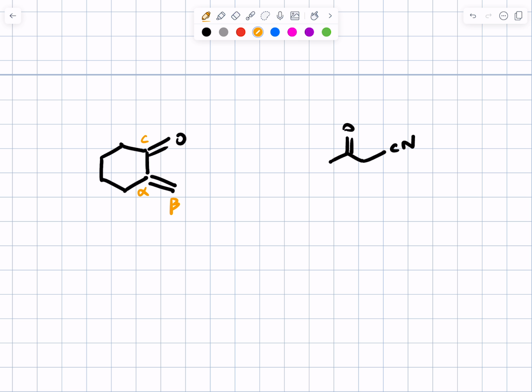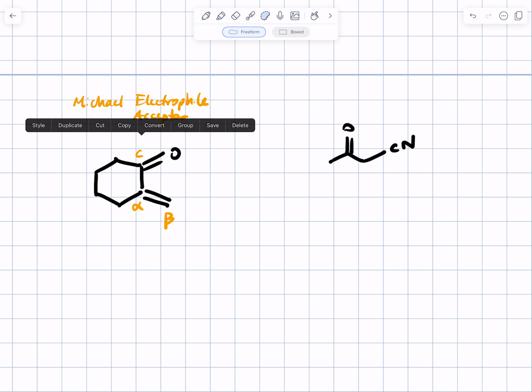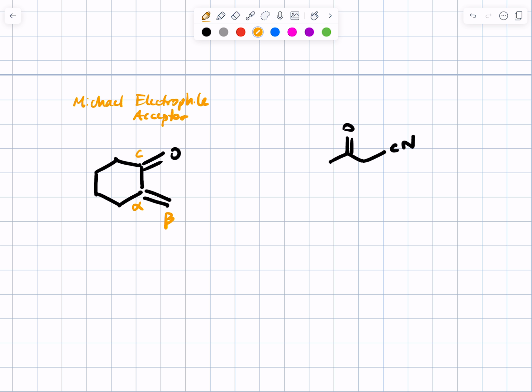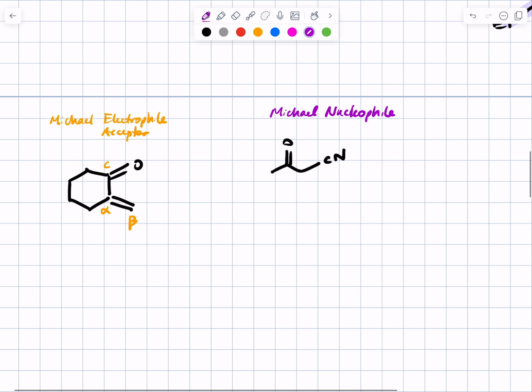So it's a pretty good guess that this is going to be our Michael electrophile. Another way of saying a Michael electrophile, sometimes chemists will use the term acceptor. It's the Michael acceptor. The beta carbon is going to accept the enolate. That means the other partner must be the Michael nucleophile, which means we're going to need to make an enolate.